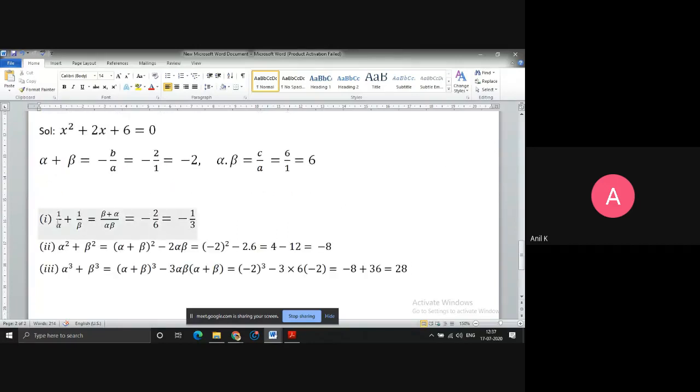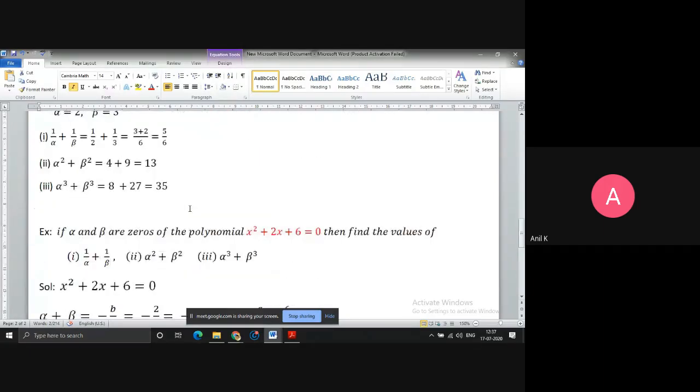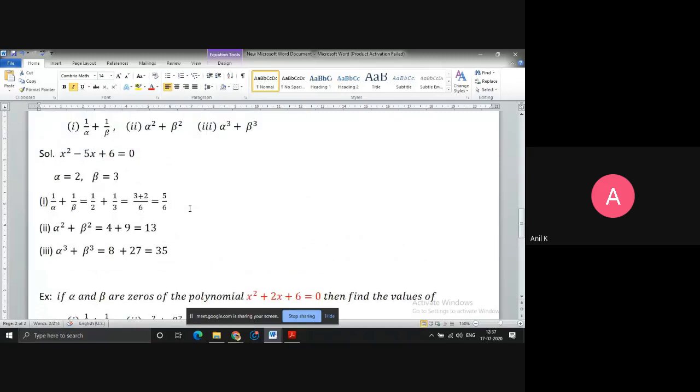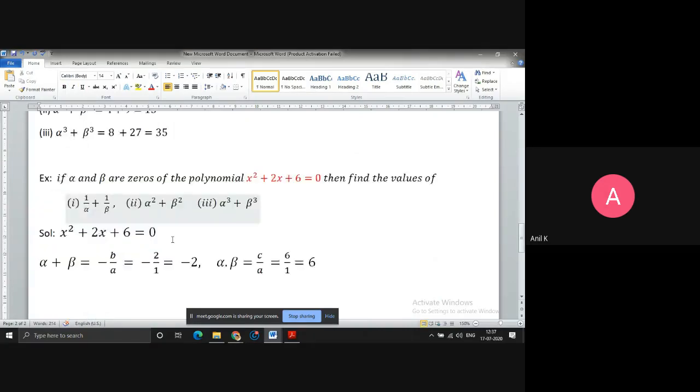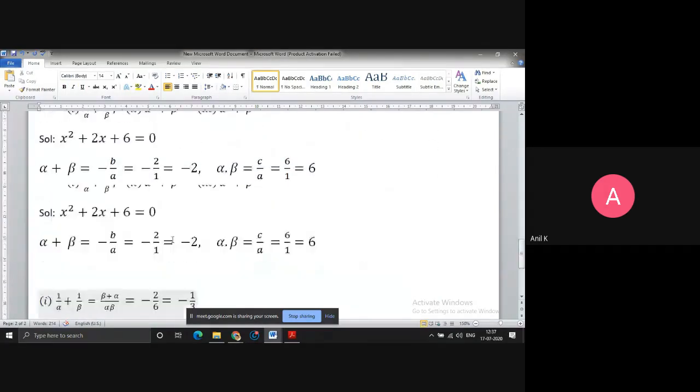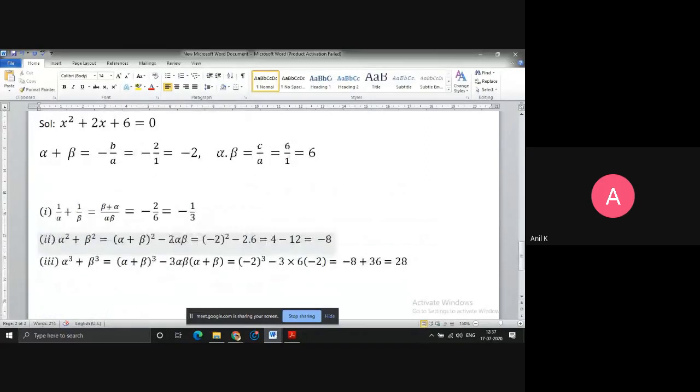So in this question, I solved this example without knowing what the alpha value is and without knowing what the beta value is. But in the first example which we discussed, if you know the alpha and beta values, you can substitute them directly. If you don't want to substitute directly, you can go by this method also, even if you know the alpha and beta values, no problem.